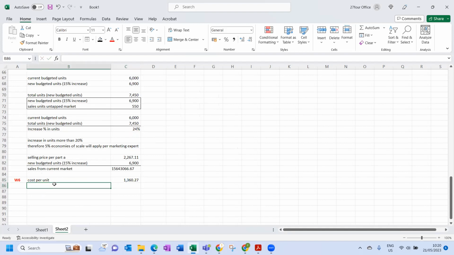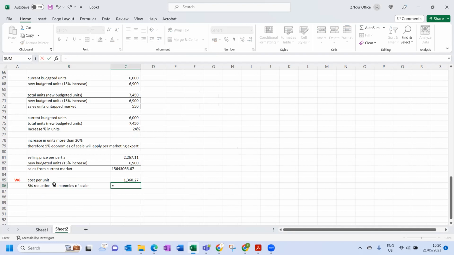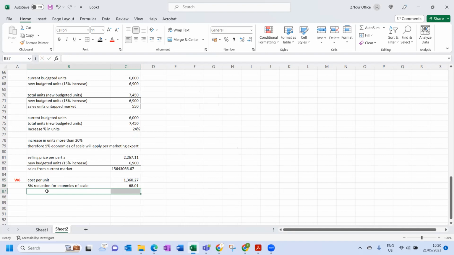Then a 5% reduction for economies of scale, which is going to be equal to that multiplied by negative 5%. Then the adjusted costs per unit.